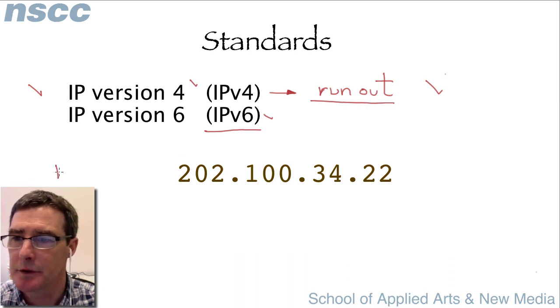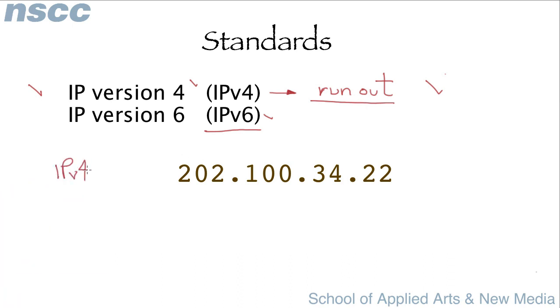In IPv4, a network address is comprised of 4 numbers. They're called octets. These are decimal numbers, and they're called octets because each one is comprised of a binary number that could be up to 8 bits.